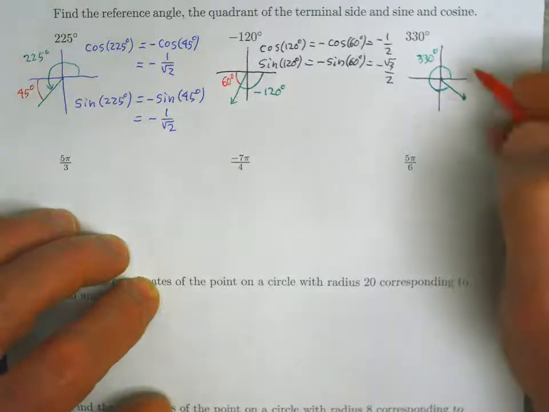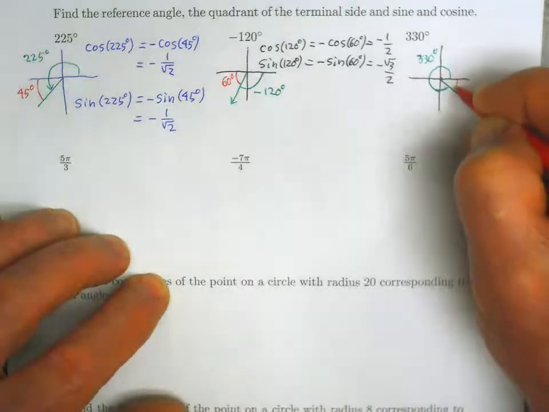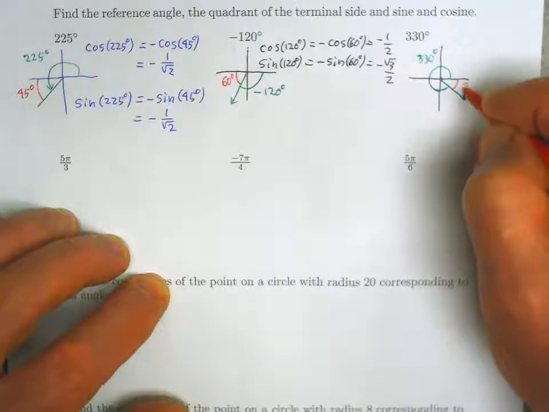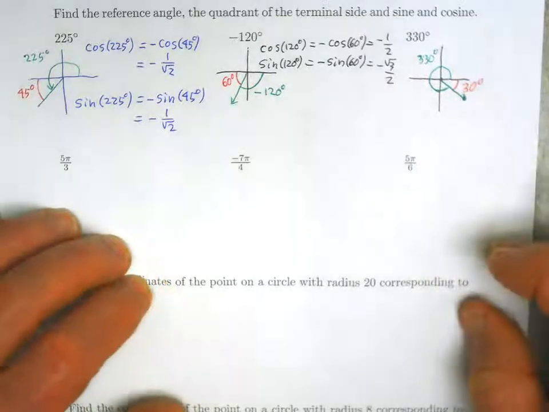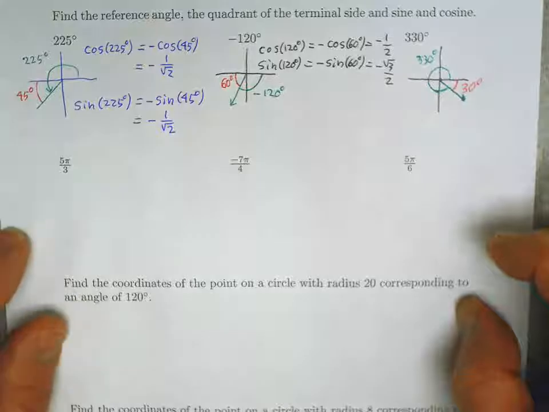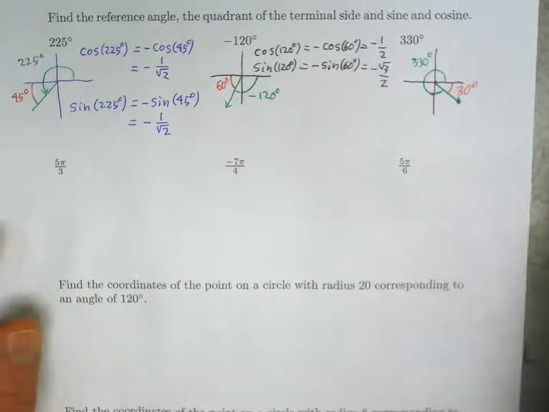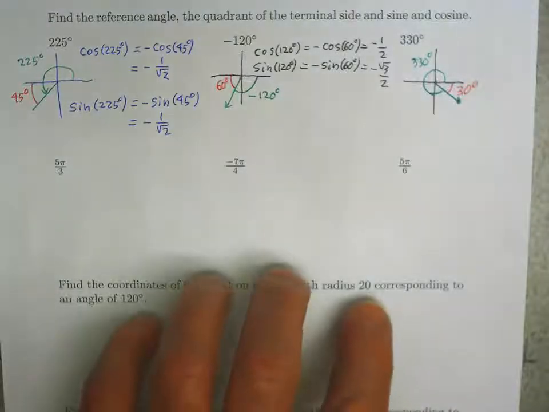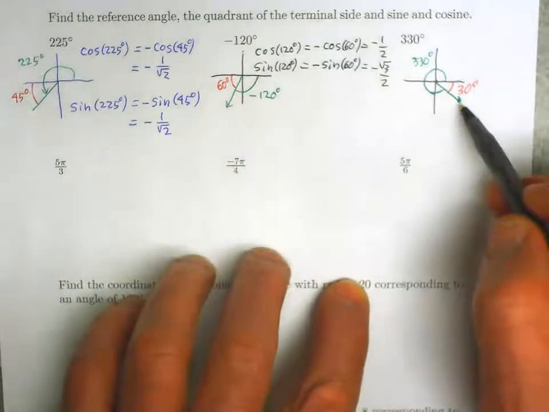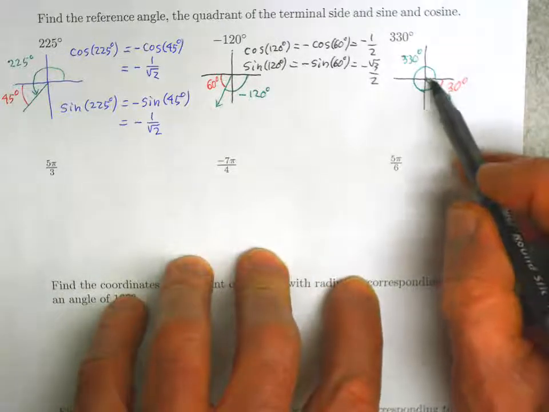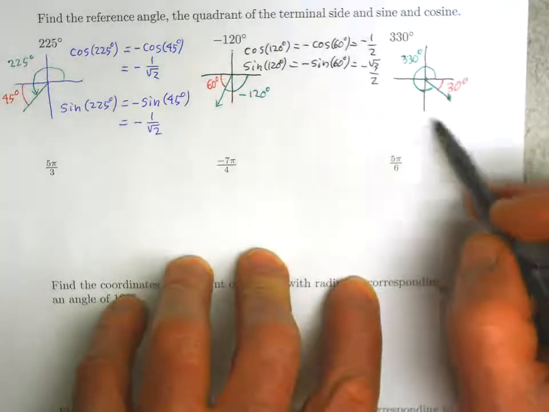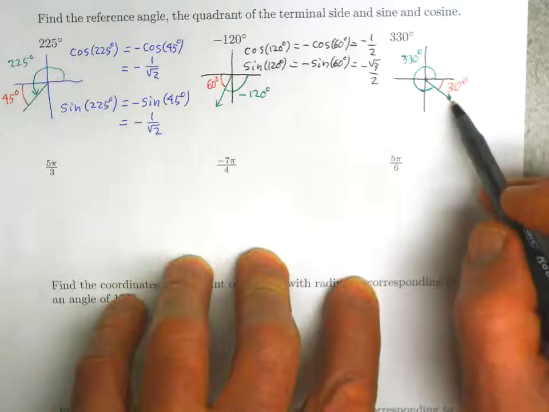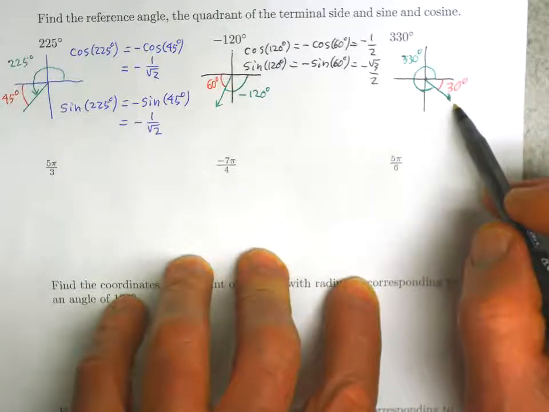And the reference angle is 30 degrees. Okay, in the fourth quadrant, cosine is positive because the x values are positive, and sine will be negative because the y coordinates are negative.